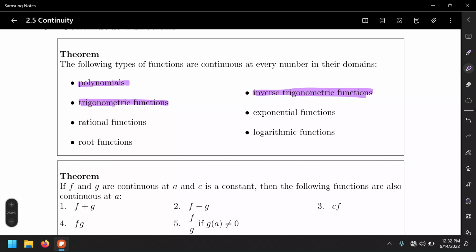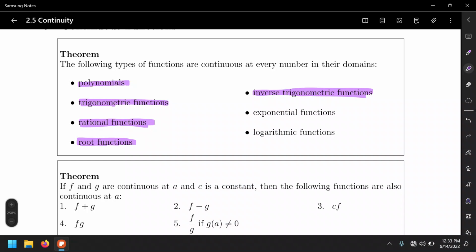And rational functions, well, just want to make sure that the denominator is not 0. Other than that, the functions are continuous on the domain of those functions, except for the values that make them 0. Root functions, you might remember we discussed the two different root functions: the root functions that have an index being odd and the index being even. For the index being even, those have restrictions. We cannot find even roots of negative values because those are going to take us to the complex number field, and well, we don't want to go through that.